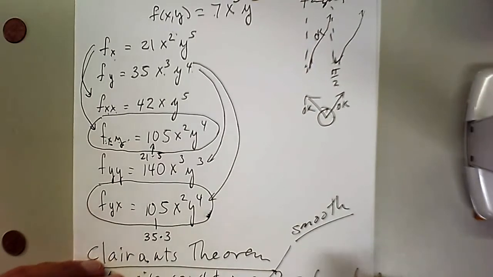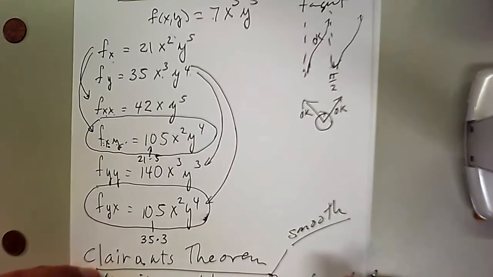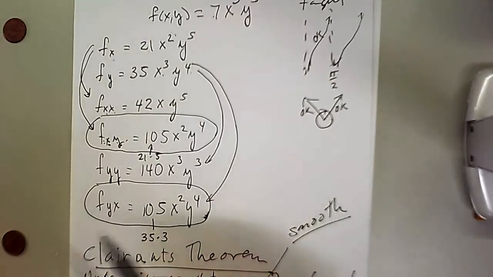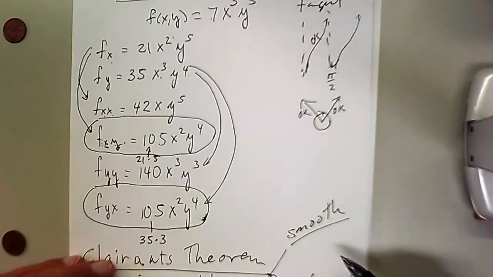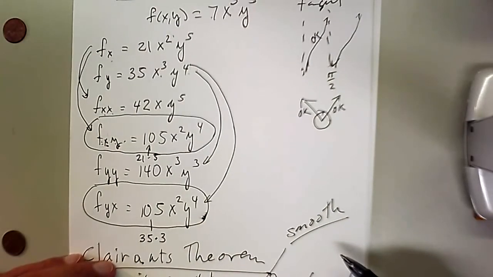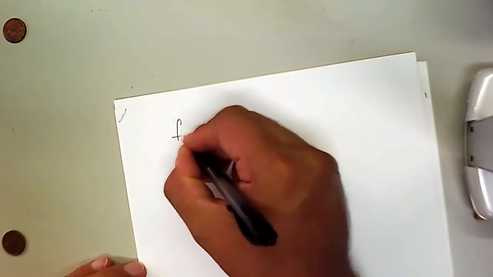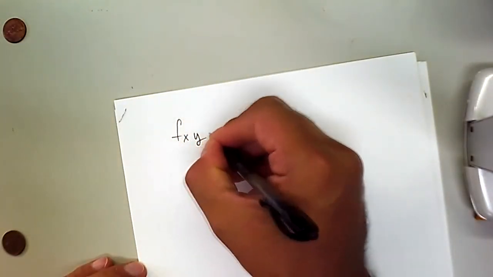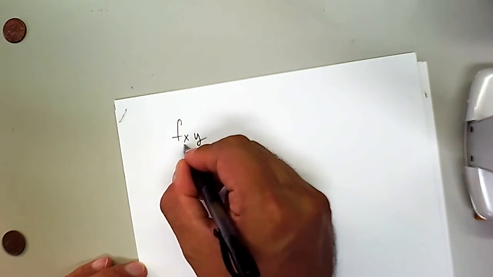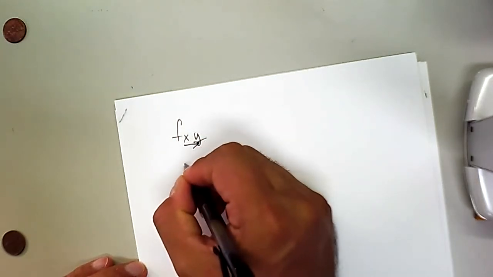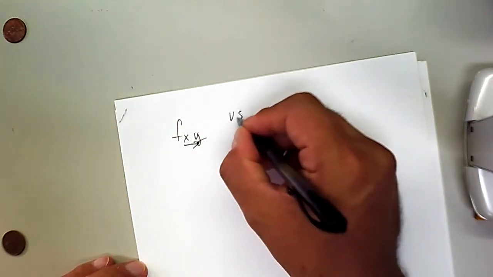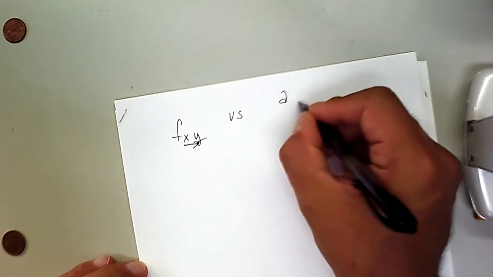Nothing stops us from having third derivatives or fourth derivatives and combinations of third and fourth derivatives. The notation has to be spoken about. So f sub xy will mean first x and then y, not to be confused with the partial derivatives.